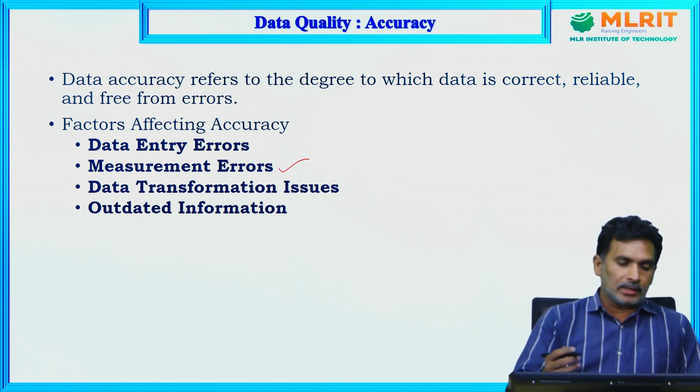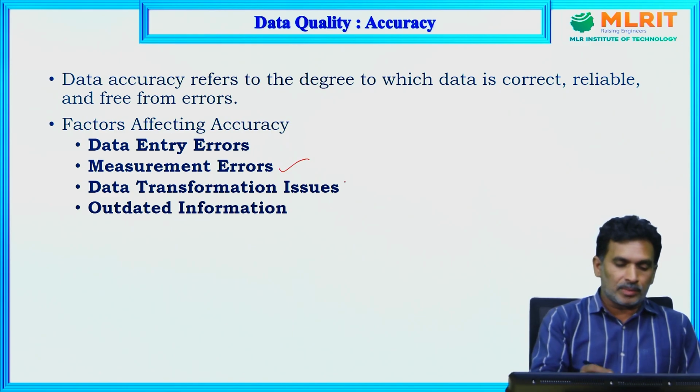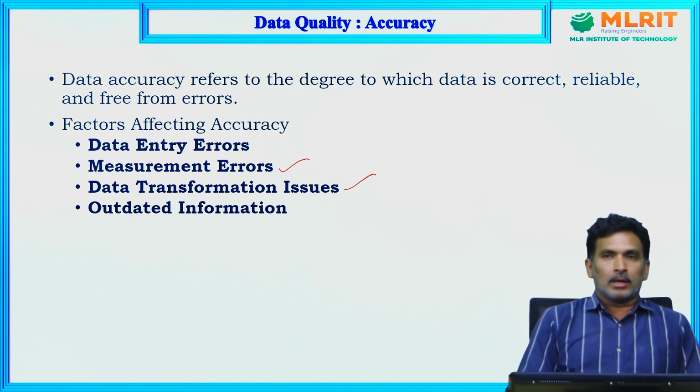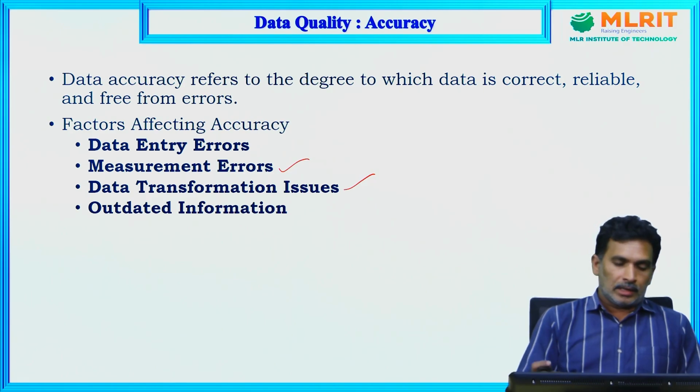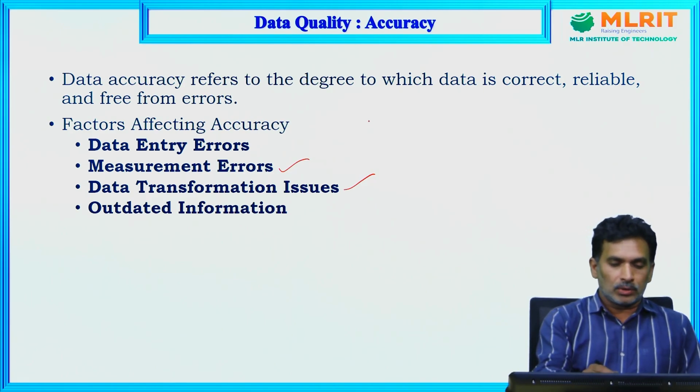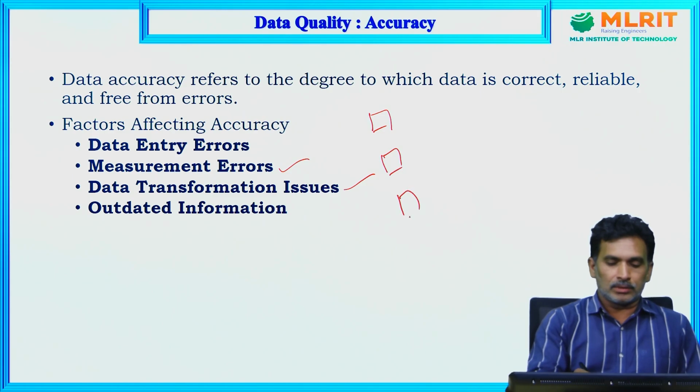The other factor which affects accuracy is data transformation issues, mostly in ETL, extraction, transformation and loading. To move the data from different sources to the data warehouse, data transformation is done, because the data is integrated and transformed into a single source called a data warehouse.